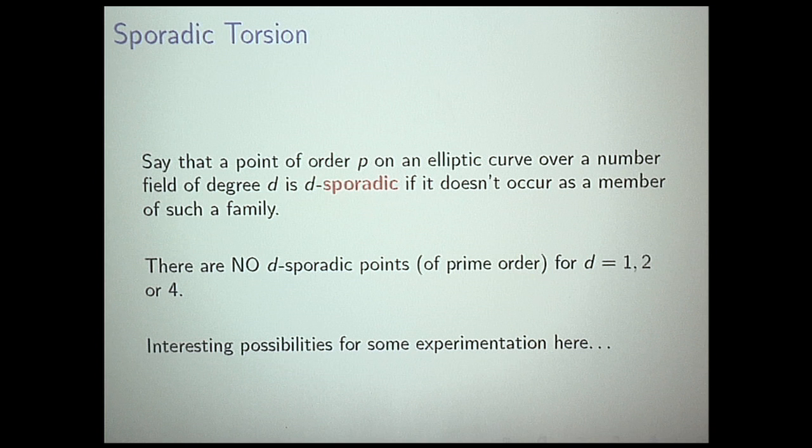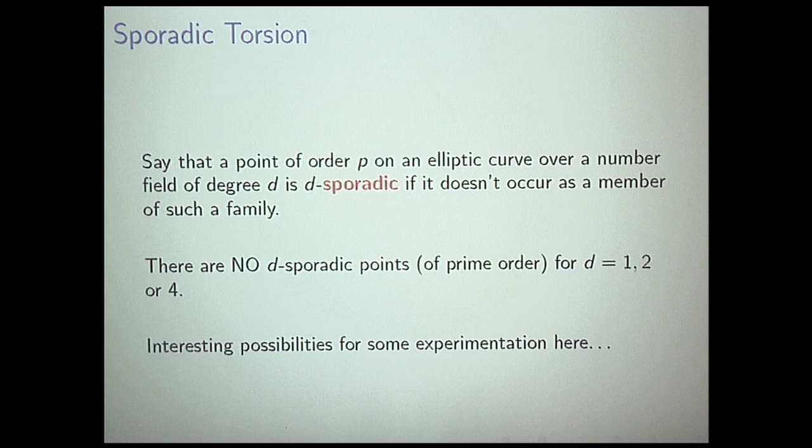So Maarten Derickx, Sheldon Kamienny and I have this project of trying to see what we can do about this. For d equals 1, there's the classical theorem that there are no sporadic points. For d equals 2, that's the theorem of Sheldon Kamienny. For d equals 4 is what we're working on, and we haven't totally written it up.